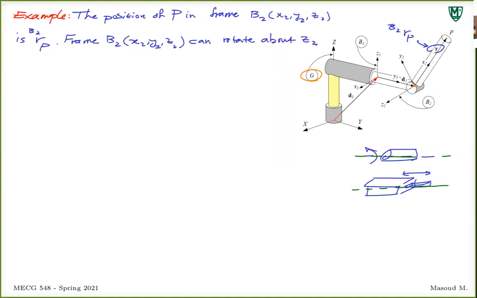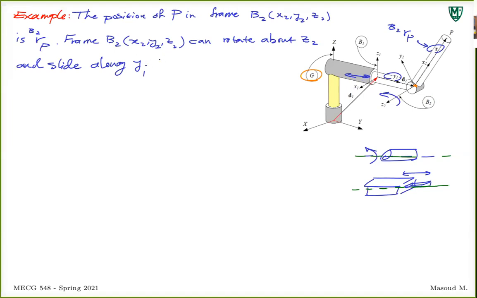So there's a rotation there. And slide along Y1. There's a prismatic joint right there, and it can slide in this way. So the rotation around Z2, and you can slide along Y1.